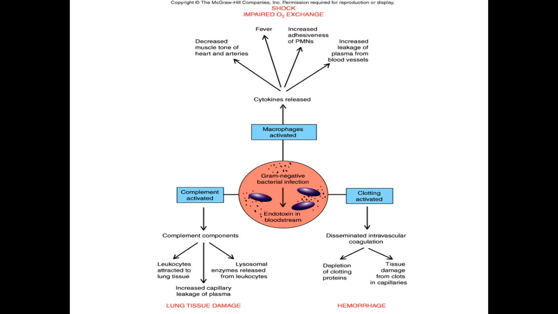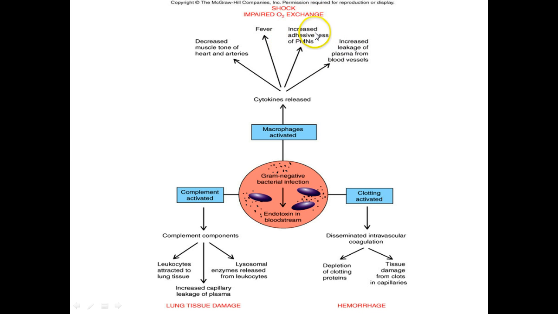So what are the things that get activated that usually lead to the shock that we're dealing with? We've got these gram-negative bacteria. They're being killed, whether by antibiotics or by our immune system. The endotoxins released can activate macrophages. Remember, they can elicit lots of different types of responses. They're going to cause even more leakage and inflammation.